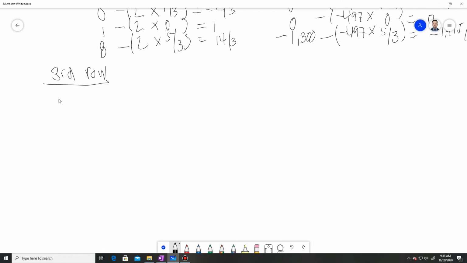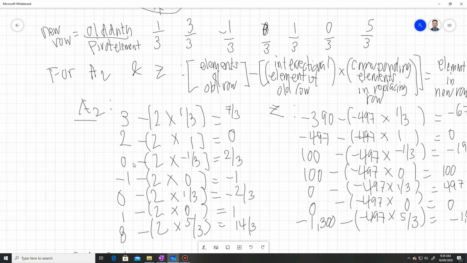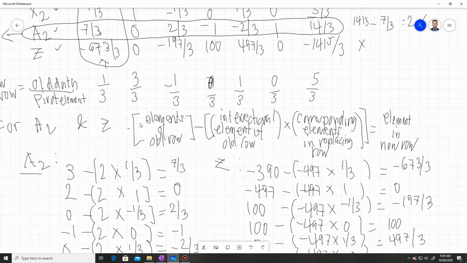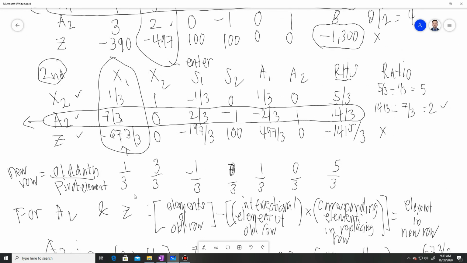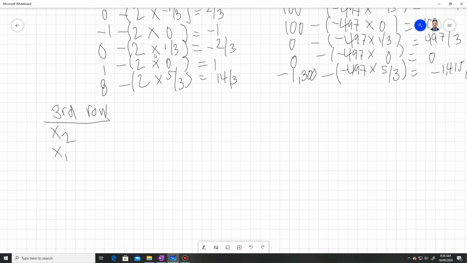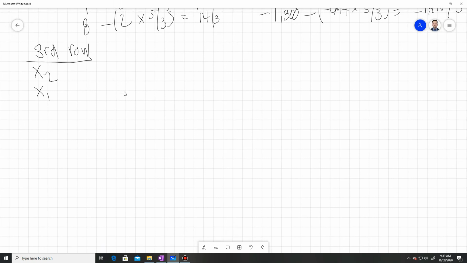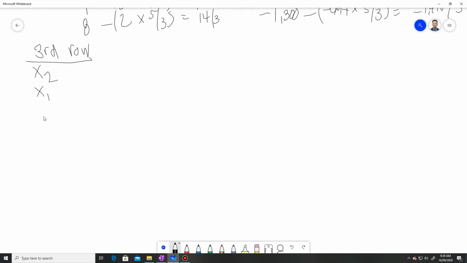So we just copy x sub 2, it remains, and the entering variable is x sub 1. And then we just copy z. And then for the columns, we just copy the same variables.